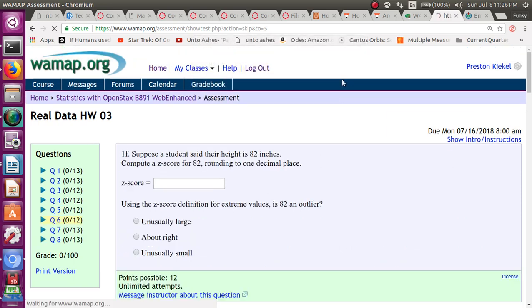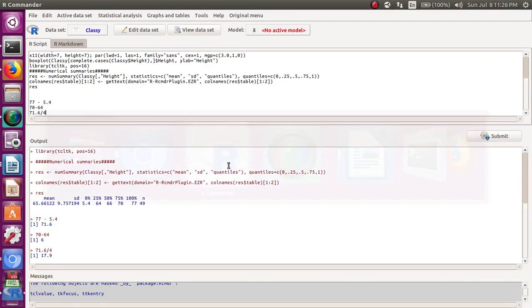So I'm going to move on to the 6th question, question 1F. A student says their height is 82 inches. Compute a z-score, rounding to one place. So the mean is 65.7, we remember that, and the standard deviation is 9.8.